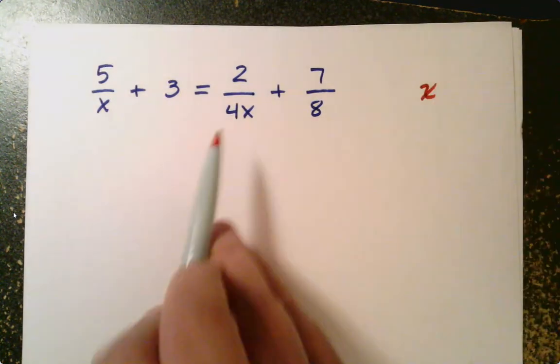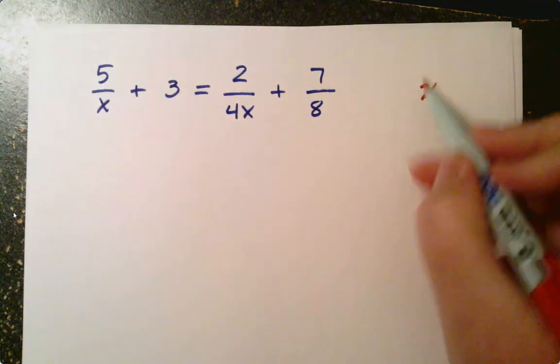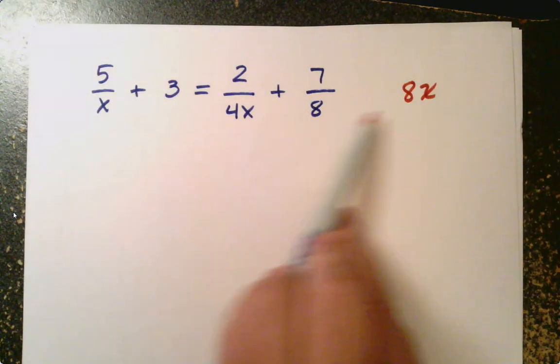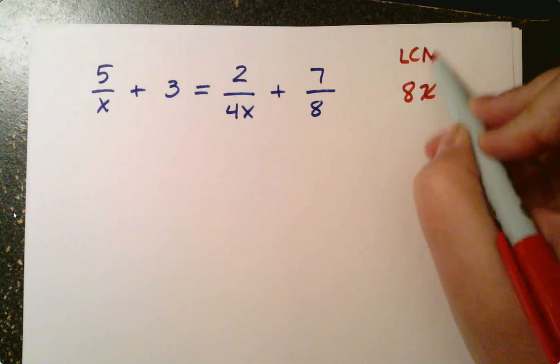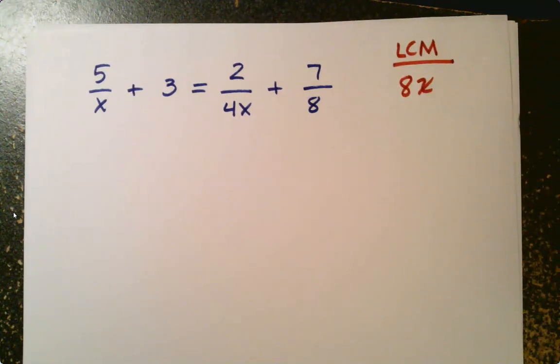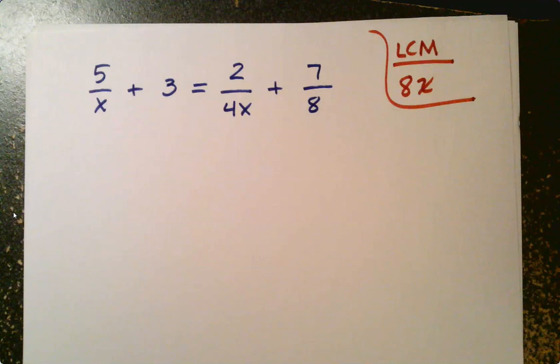All right, 4 and 8, well, those both go into 8. So 4 times 2 is 8, and 8 times 1 is 8. So this is my least common multiple. Okay, and I have a separate video you might want to watch if you're having trouble coming up with your least common multiple, because there is a more strategic, methodical way of doing that that we can get into.